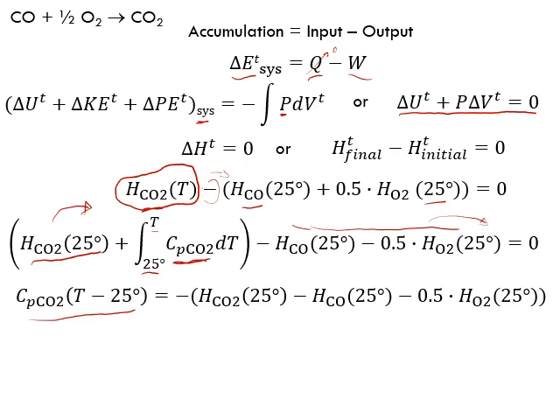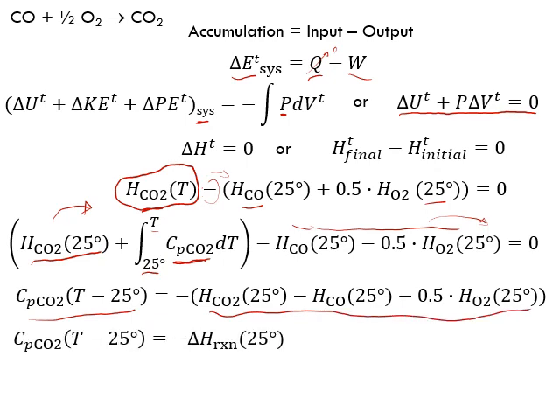So what do we have here? What is this? Yep, that is exactly delta H reaction, and then you have a negative here, so it's negative delta H reaction at 25 degrees C. Again, where did this term come from?